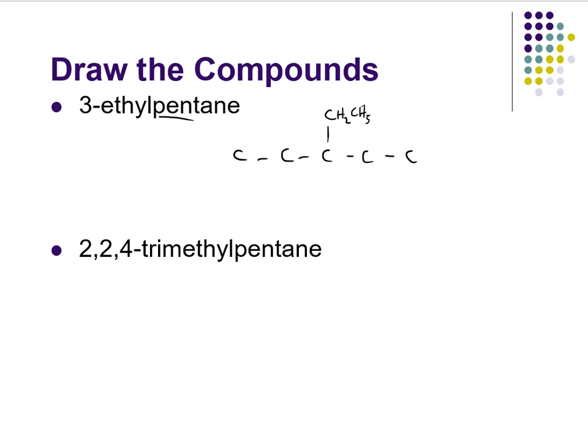There's 3-ethylpentane. Now, some people like to go through and add in enough hydrogens to make these things work. And I do recommend that. So this is CH3. This carbon has 2 bonds, so it needs 2 more hydrogens. This carbon has 3 bonds, so it only needs 1 more hydrogen. This carbon has 2 bonds, so it needs 2 more hydrogens.